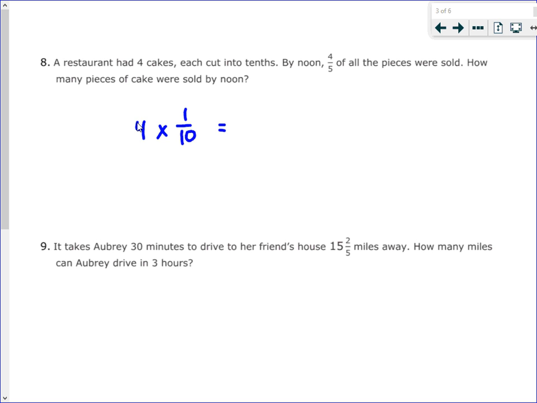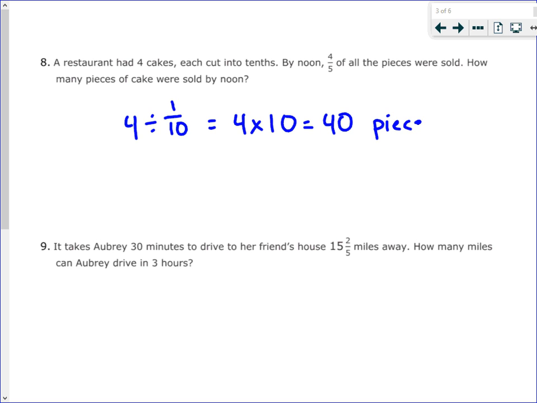It's cut into tenths, which means we're dividing. We're actually dividing that. We're doing 4 divided by 1/10, because we're cutting it into tenths. So we're dividing that, which is equal to 4 times 10, which is equal to 40 pieces. So that's step 1. Figure out how many pieces there are.